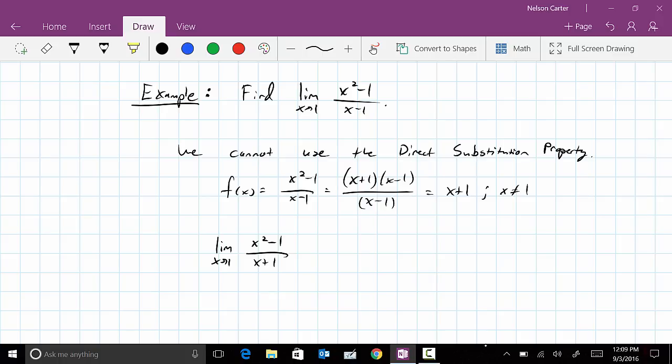Okay? A limit literally does not care what happens at 1. The function could be defined, the function could be undefined, it doesn't matter. The only thing that a limit concerns itself with is what's happening when you're close to 1 on either side, but not 1 itself. So as a result, we say, oh, okay, well, let's see. Then that means that this limit is equivalent to this limit.